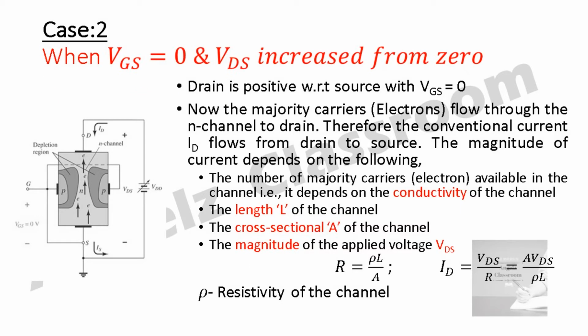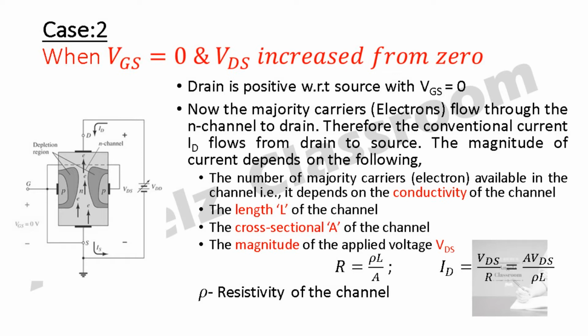Case 2, when VGS is equal to 0 and VDS is increased from 0. See this diagram, VGS is connected to the ground terminal and VDS is connected to a positive polarity voltage. Here the magnitude of this current depends on four major factors. One is the conductivity of the channel, second is length of the channel, third is cross sectional area of the channel, and fourth is magnitude of VDS.